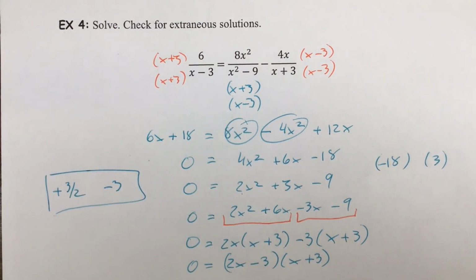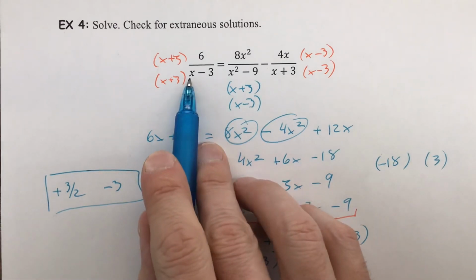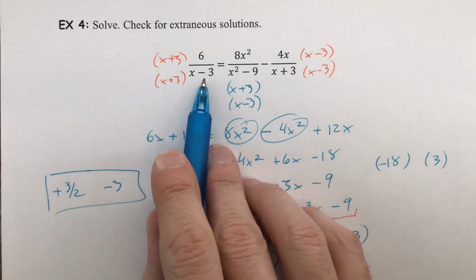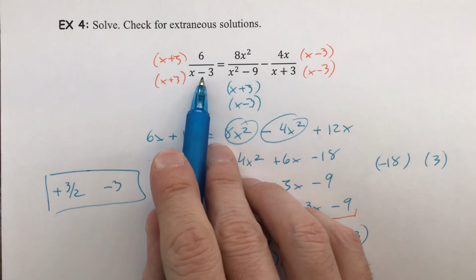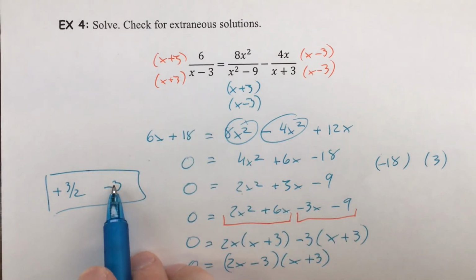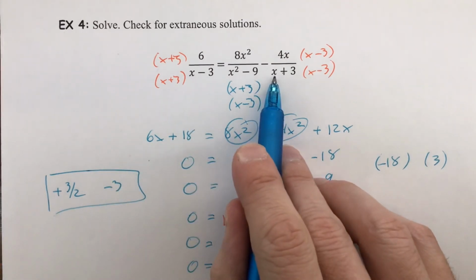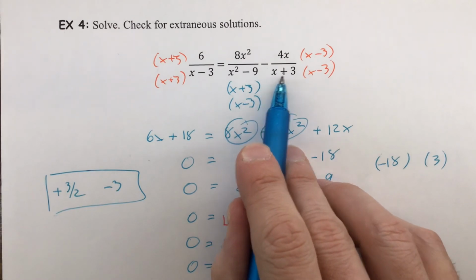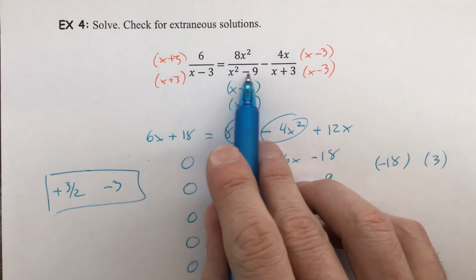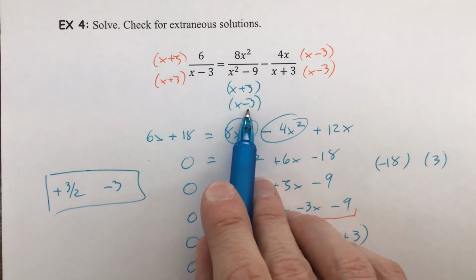But like all the other problems, what we want to do is look at the original equation and figure out what we're not allowed to use. Here you can't have a 3. 3 minus 3 is 0. So it can't be a 3. We got negative 3, so that's different. However, here you can't have a negative 3 because that makes this 0, which would also make this 0 because that's one of the factors as well.